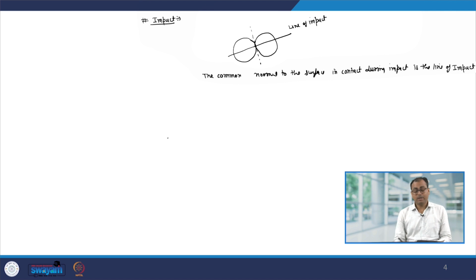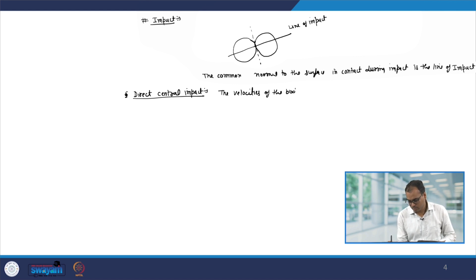Okay. We discussed two cases, one was the direct central impact. So, herein the velocities of the bodies are directed along the line of impact.